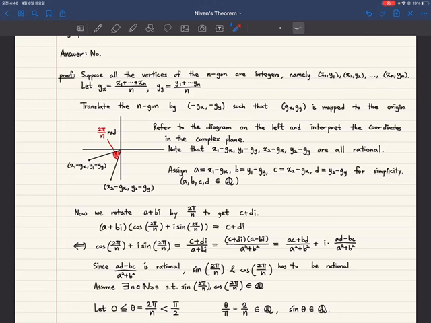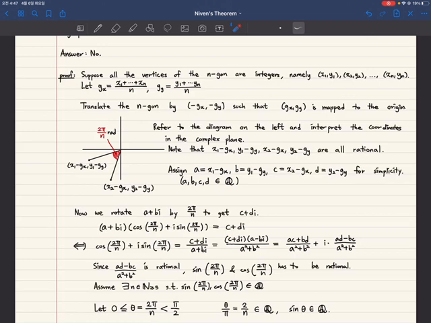So we can write the equation like this, which means that cosine of 2 pi over n plus i sine of 2 pi over n equals (c plus di) divided by (a plus bi), which I've shown here is rational, because rationals are closed under multiplication, division, and addition as well.